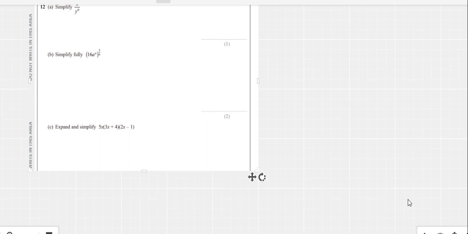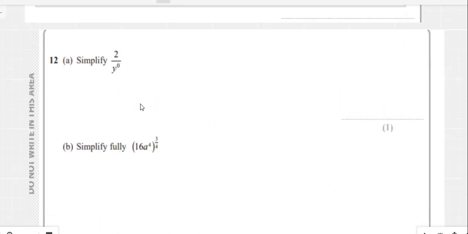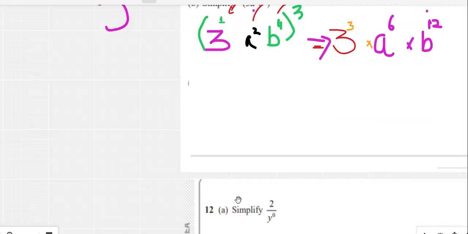Then for question number 12, simplify 2 over y power 0. Now look, it has two things, division and power 0, but no base is the same. y has no number written with it. So any number that has power 0, according to the rule we have studied, is 1.